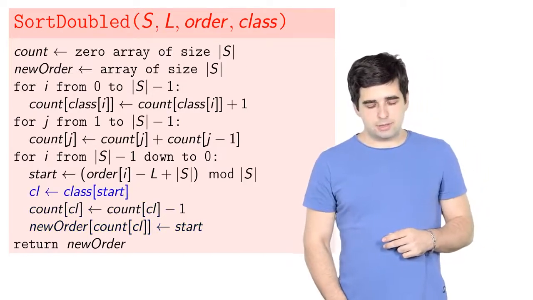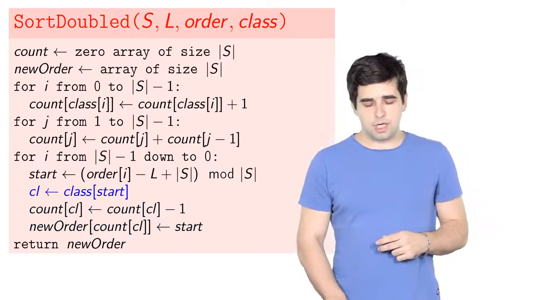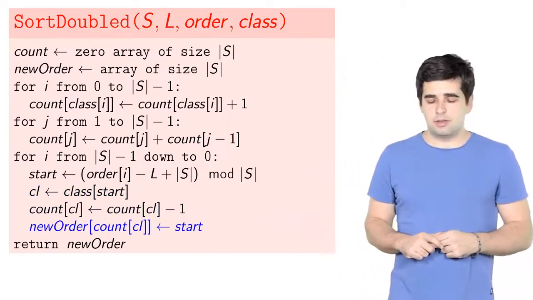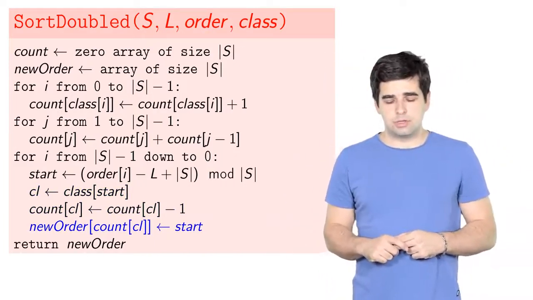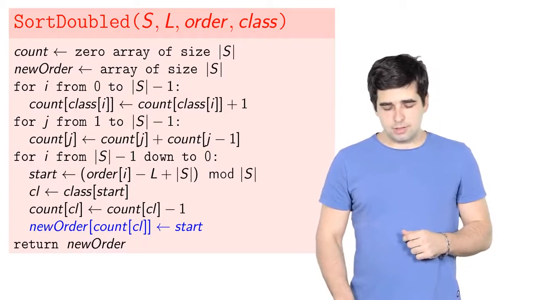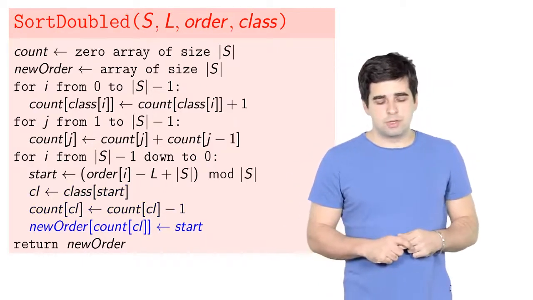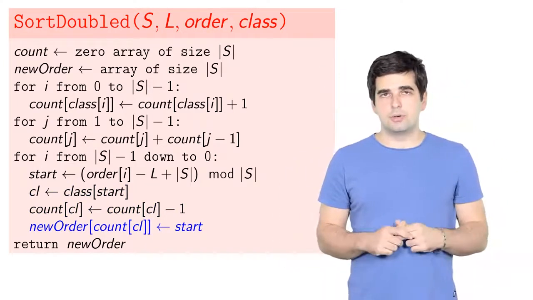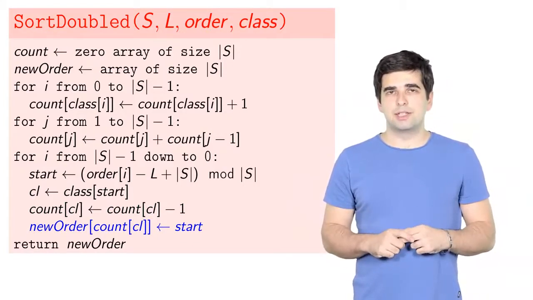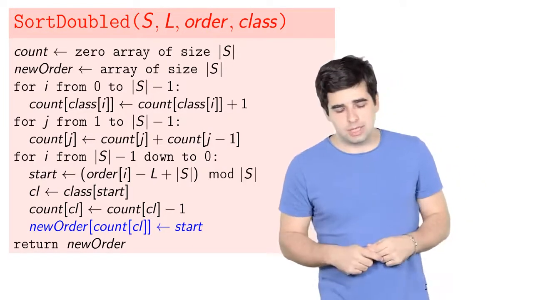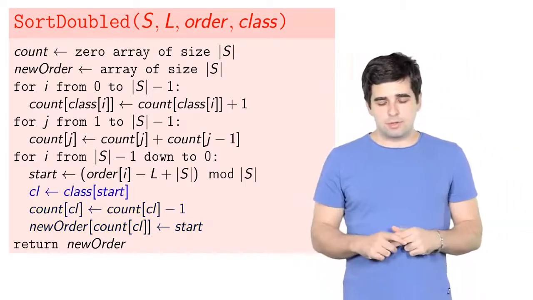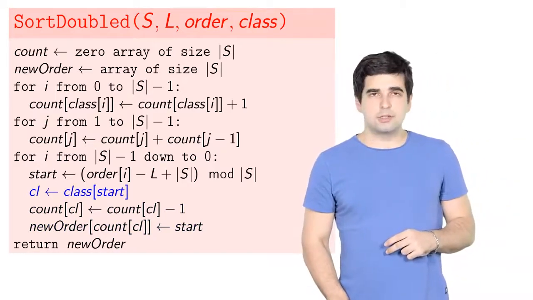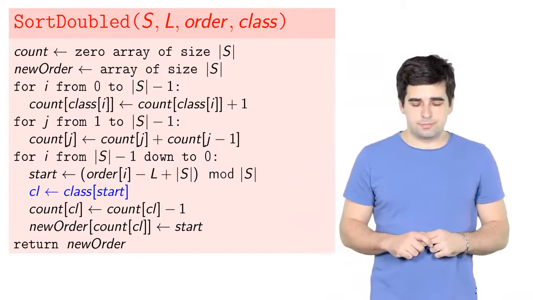So these three lines, getting the class of the start position, decreasing the partial sum, and assigning the start to the position counter of class, are the three standard lines of the counting sort. The complexity here is that start is going in the reversed order through the array of doubled cyclic shifts sorted by their second half, and that instead of comparing characters or something else, we compare equivalence classes of the single cyclic shifts.